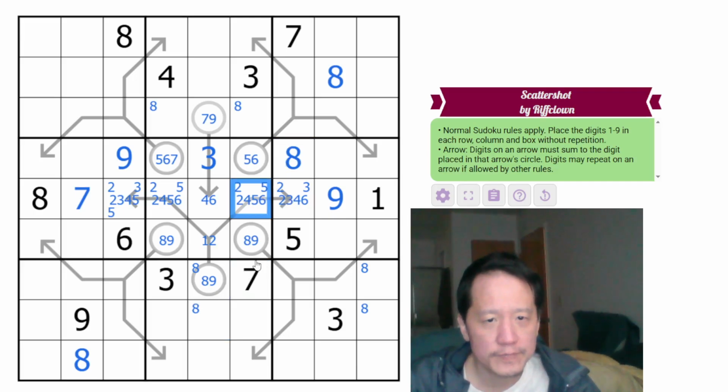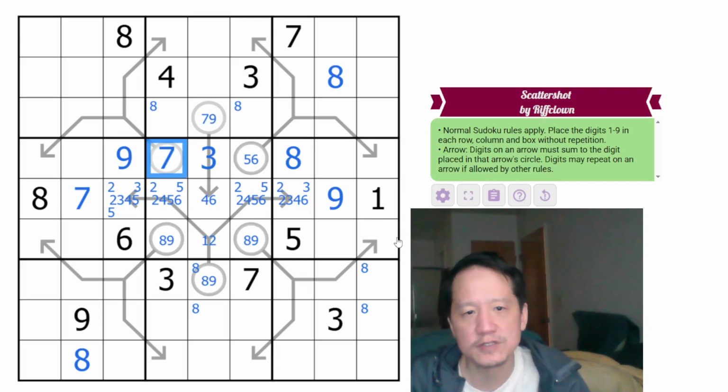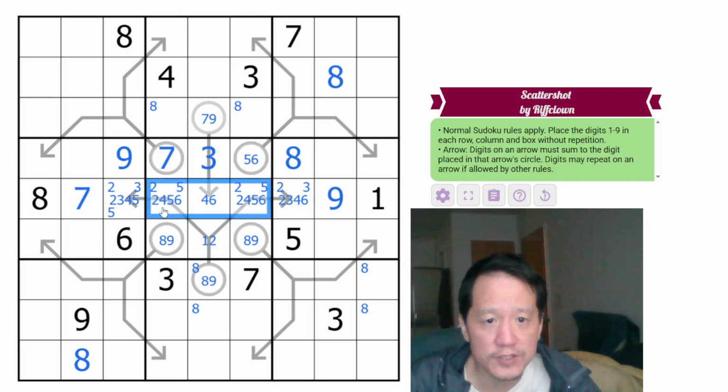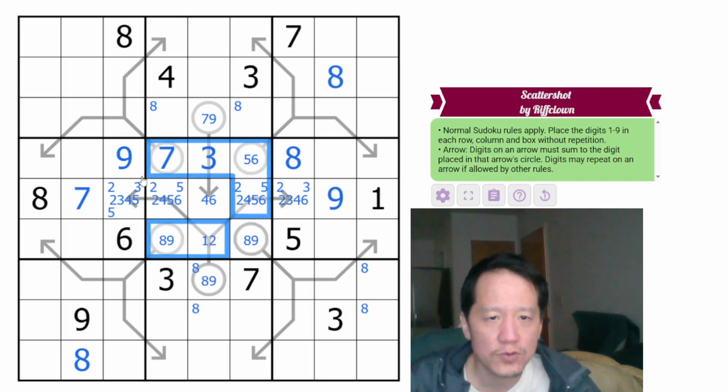Okay. In the center box, where is the 7? It has to be here. So this is 7. This is then 5 or 6. One of these three has to be a 4. Actually, also, where's the 1 in the center box? Cannot be here anymore because of this one. Can't be any of these. Can't be any of these, so it must be here.